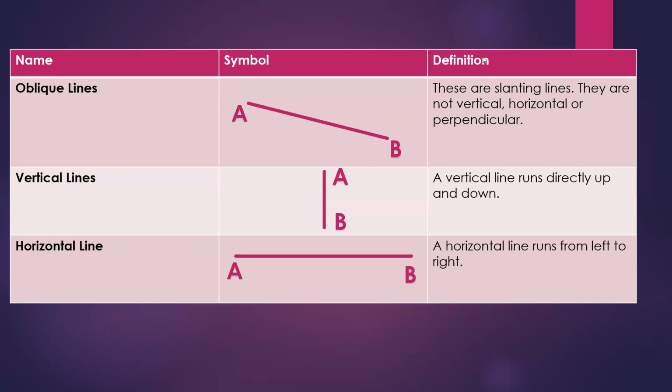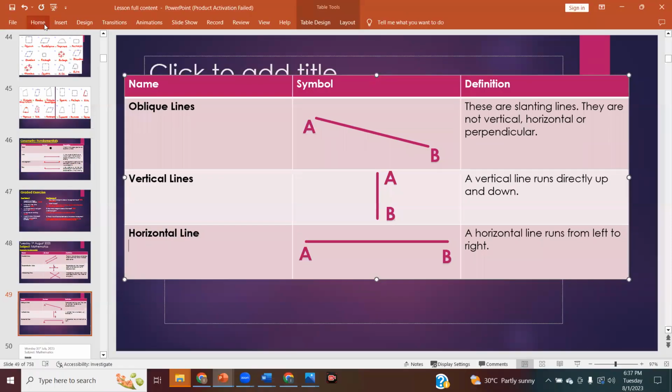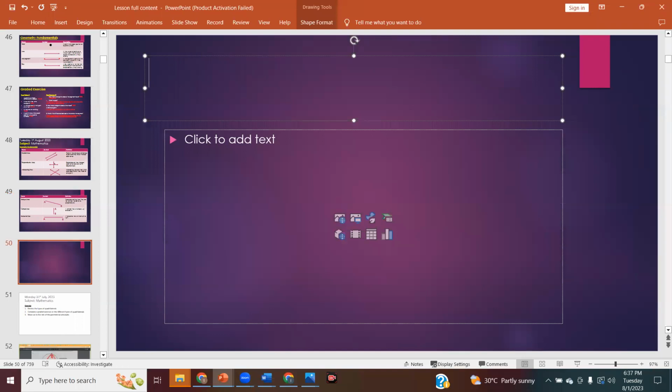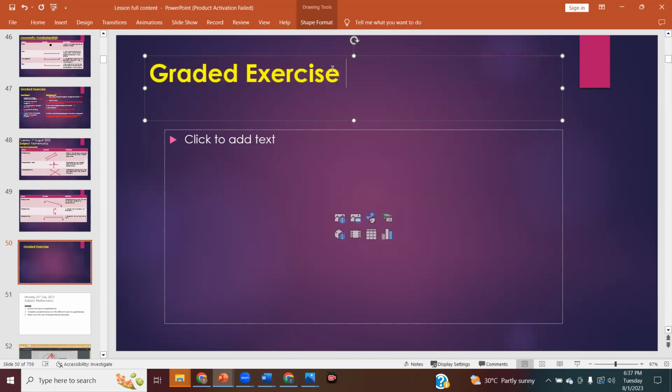All right, so let's go. So now we're gonna be doing a graded exercise. I want everyone to do this for me. This is graded exercise number 1.